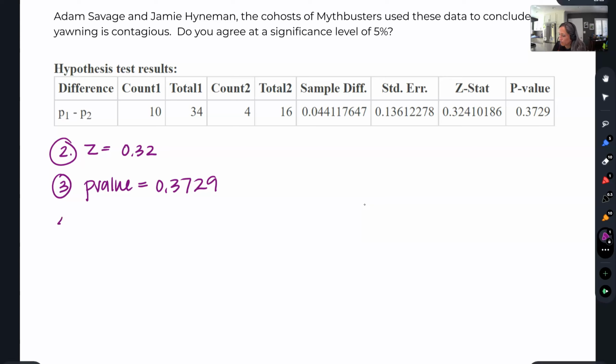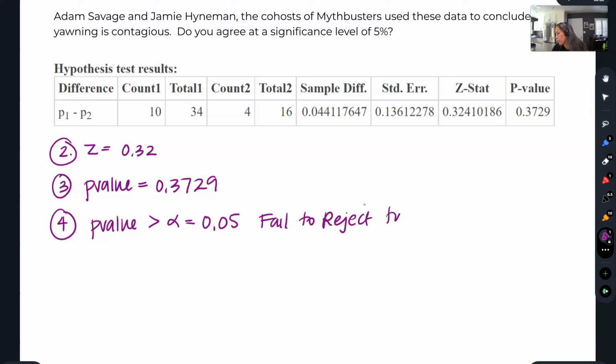So we go to step 4. We could say our p-value is most definitely larger than any reasonable alpha level. It's larger than ours at 0.05. So we're going to fail to reject the null. So if we're doing our last step, step 5, I'll be better about this.